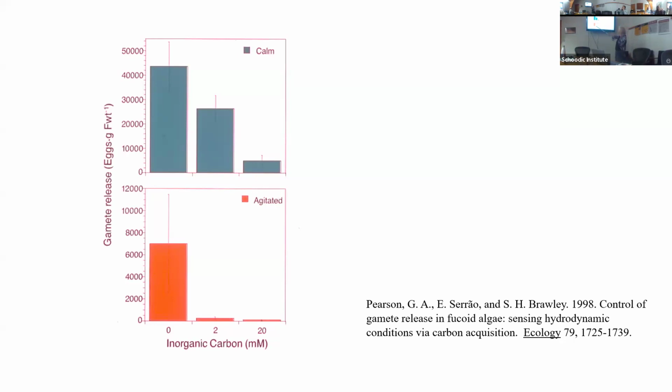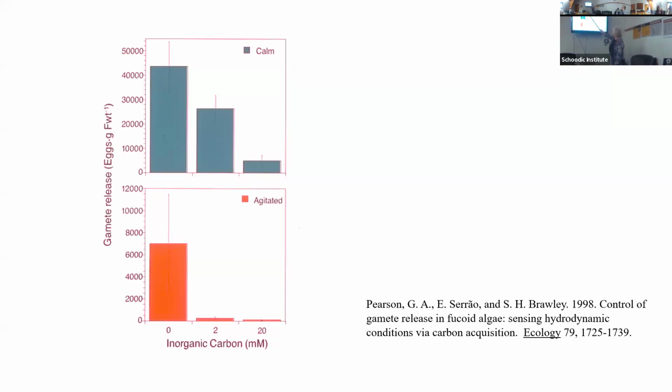So we found that by manipulating the bicarbonate concentration, either to start them off immediately as if they were under long, calm conditions where they were starved for bicarbonate, or continually agitated, we could manipulate the gamete release.